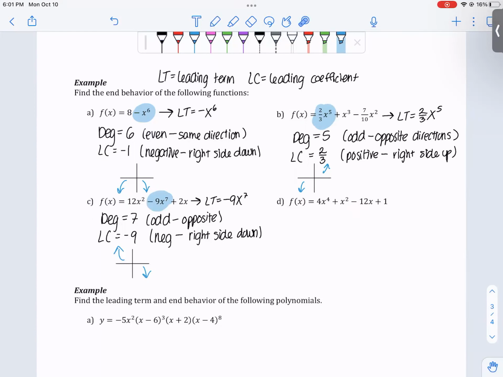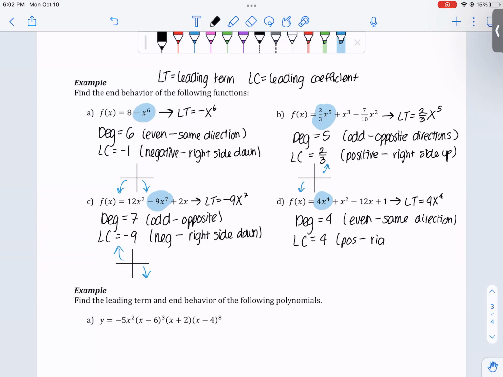Finally, with this last one, our leading term is 4x to the 4th. The degree is 4. That is even, so it's the same direction. The leading coefficient is +4, which is a positive number.